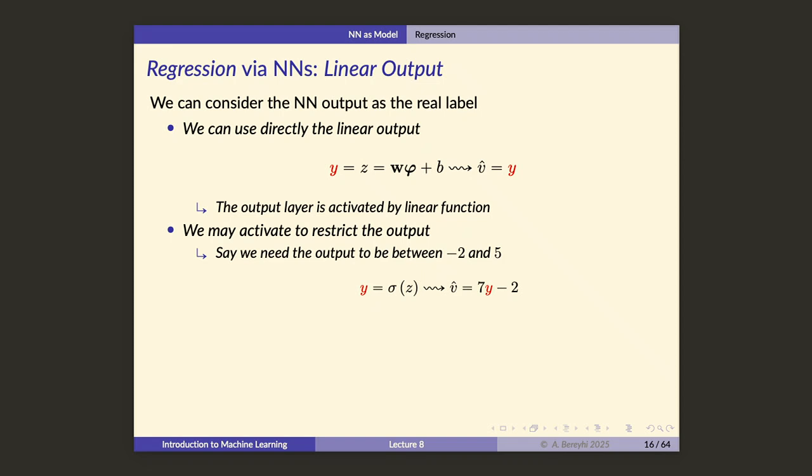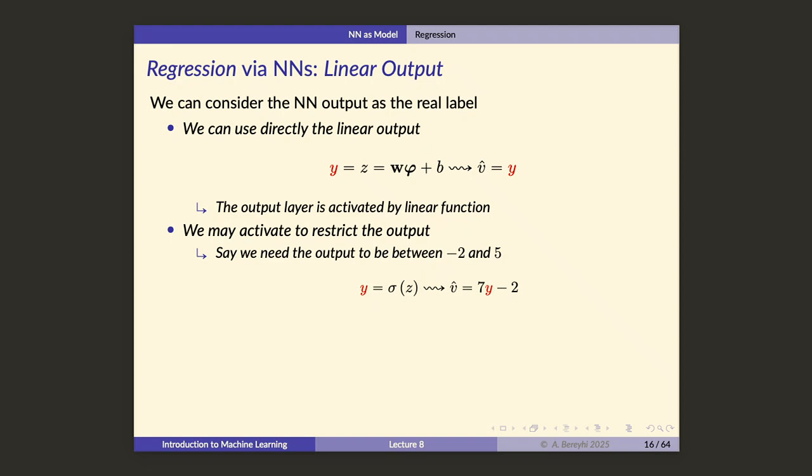For instance, here, I want my output to be between -2 and 5, right? So I'm going to compute the sigmoid of the z. Once I get the z value, y is going to be sigmoid of z, and that sigmoid activated value is going to be between 0 and 1, right?